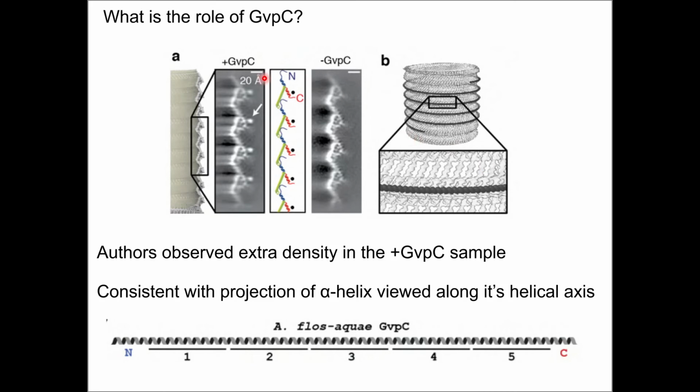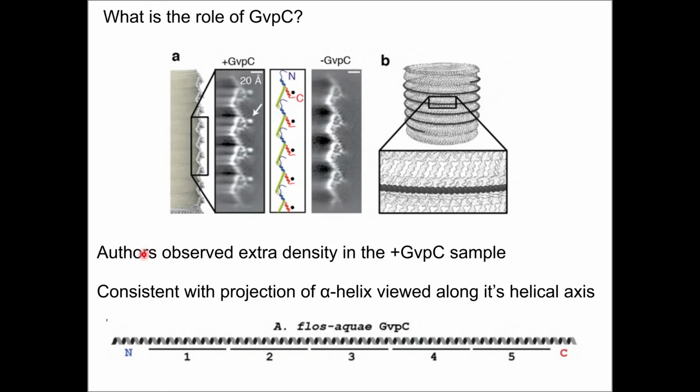So here they're showing 2D averages of the side of a gas vesicle purified with GVPC and without GVPC. The sample with GVPC, they can see clear extra density shown as this white ball, which is not present in the non-GVPC containing fraction.